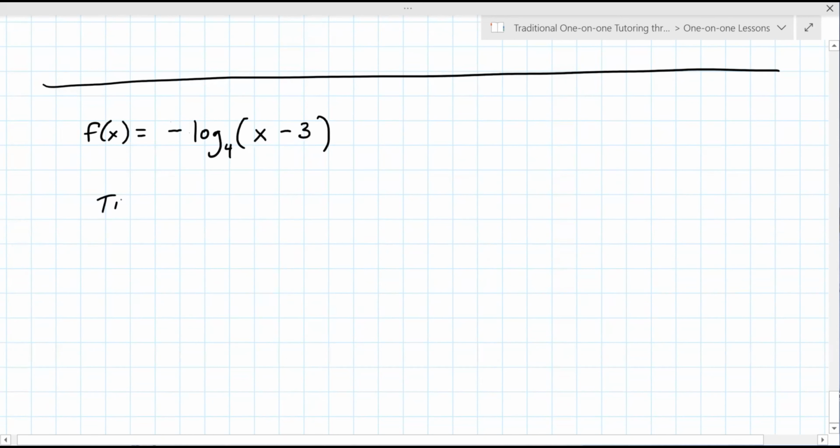So there are two transformations, and I'm going to have you either tell me verbally or write them down and then tell me, and work through the rest of this together, but more on you than me.